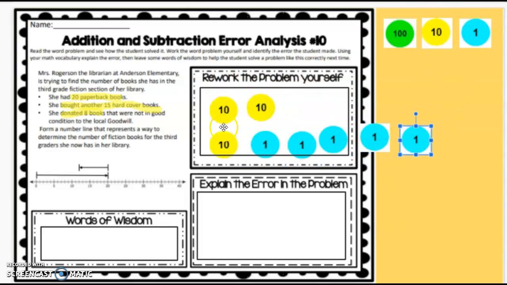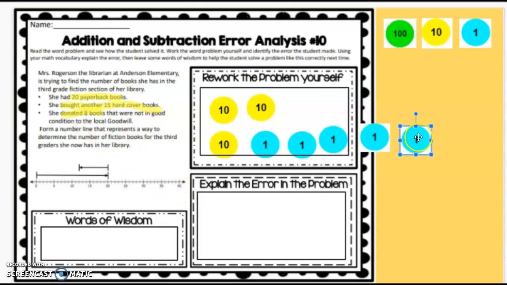That is me reworking the problem because this is the step that whoever worked this problem out forgot. They did not add their 15 hardcover books to what she already had of 20 paperback books, okay? Then we're going to subtract because she donated them. She doesn't have them anymore. We're going to subtract 8 books.